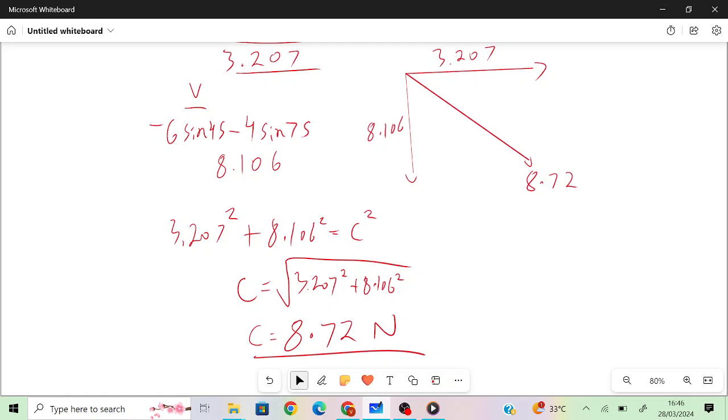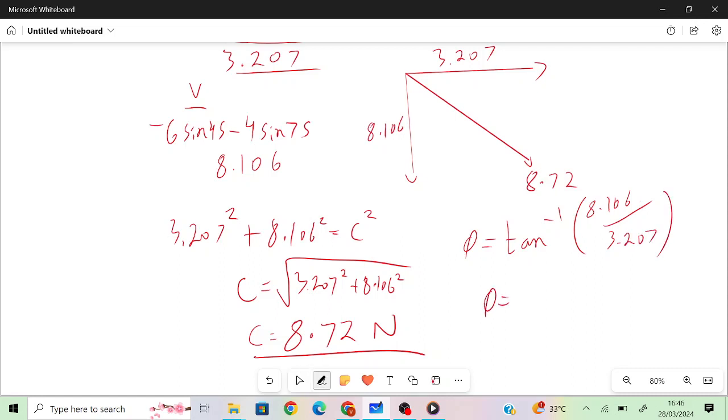it's making with either the horizontal or the vertical axis, but in most cases always try and go for the horizontal one. And for that, it's a simple formula. Just do theta is equal to tan inverse of what's in your y direction, or vertical rather, over what's in your horizontal. So our vertical we got was 8.106 and our horizontal was 3.207.